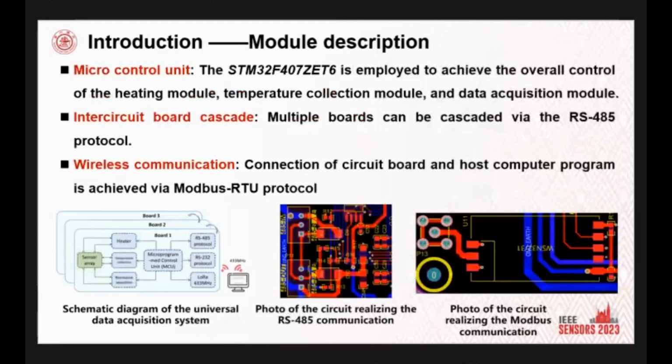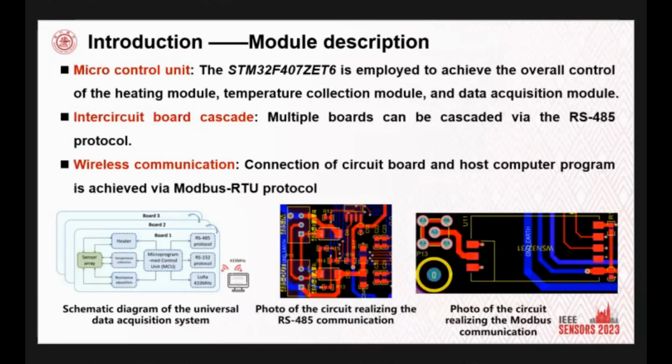Many modules are also attached to the system, including the microcontrol unit, the inter-circuit board cascade, and the wireless communication. As the central control unit of the system, the MCU is able to control the 3 main parts of the system.